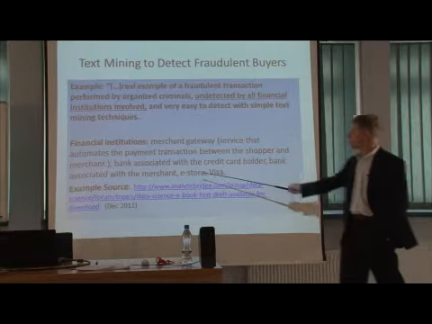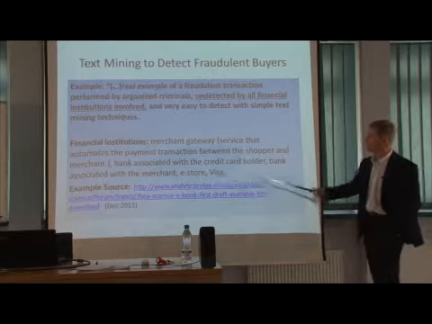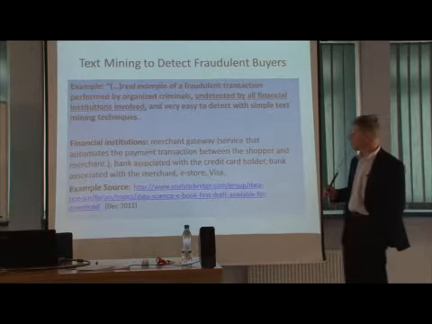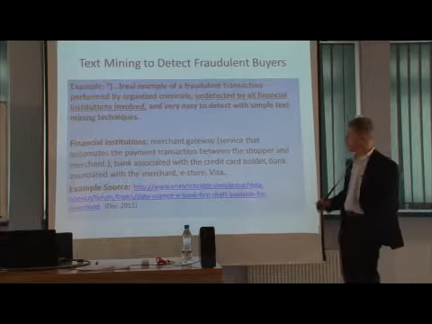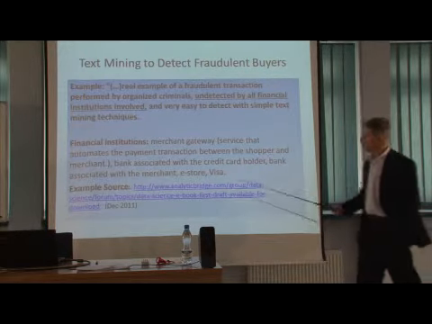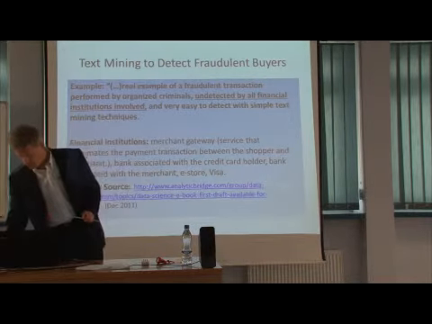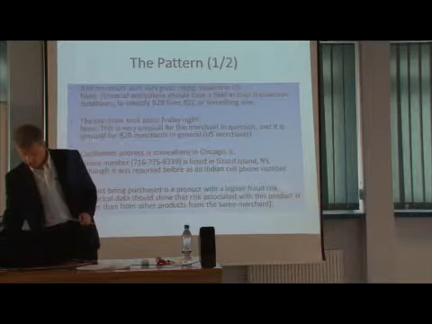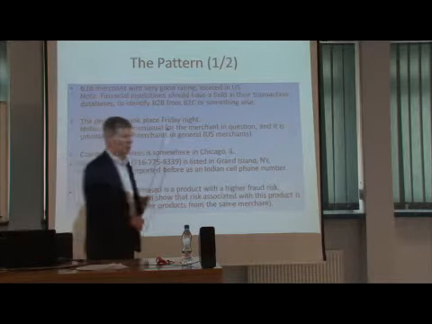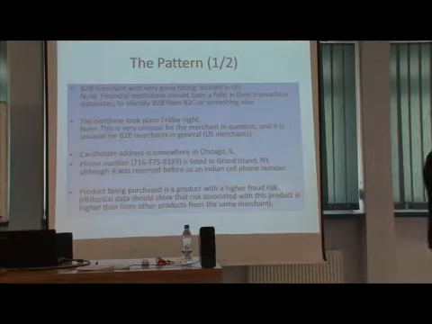There is a merchant bank. There is an online store, and Visa, which issues the cards and checks whether somebody is or is not creditworthy. The example comes from the Analytic Bridge blog or group and is freely available online.